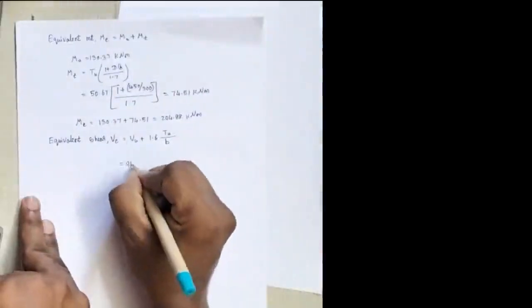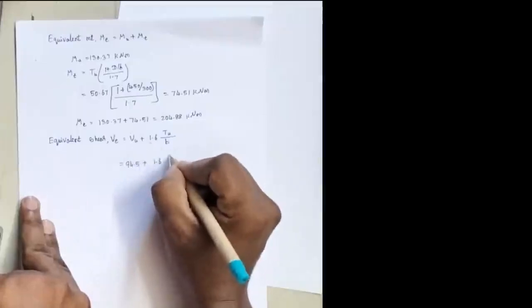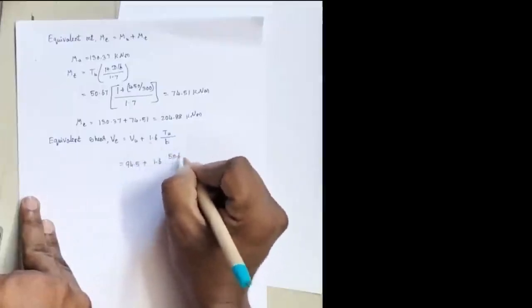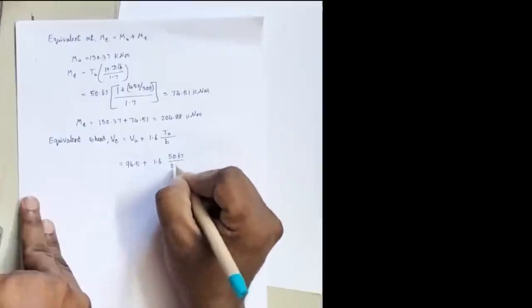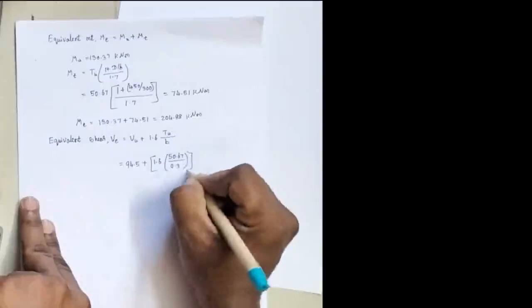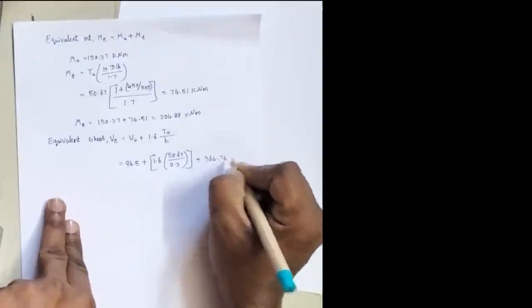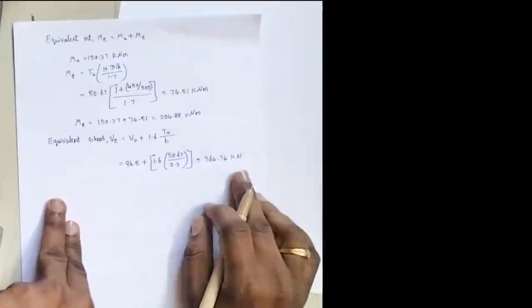So 94.25 plus 1.6 into TU, which is 50.67, divided by B, which is 0.3. The value we are getting is 364.74 kilonewton. So this is the equivalent shear.